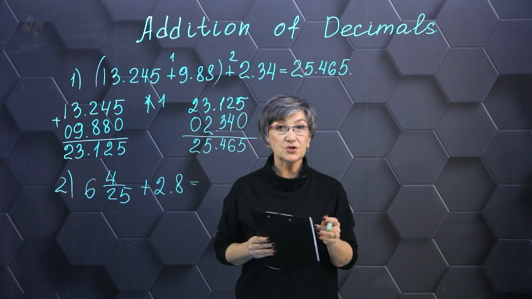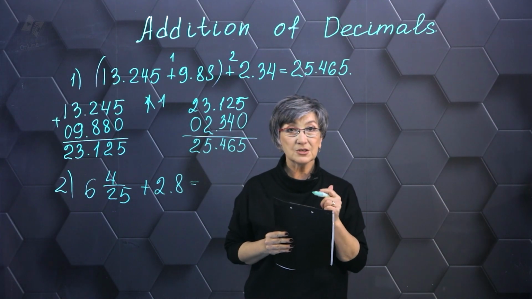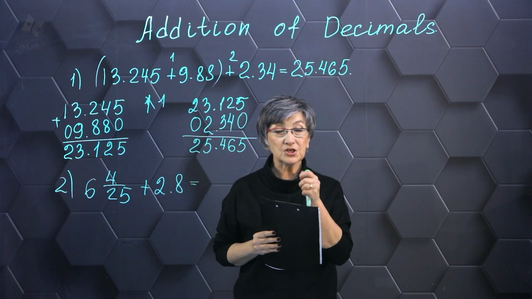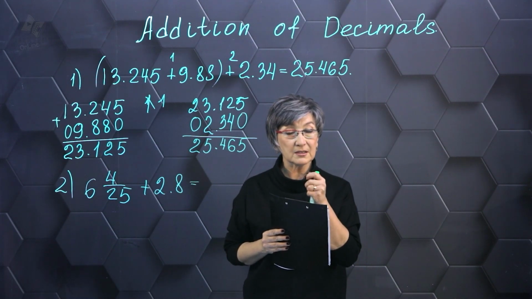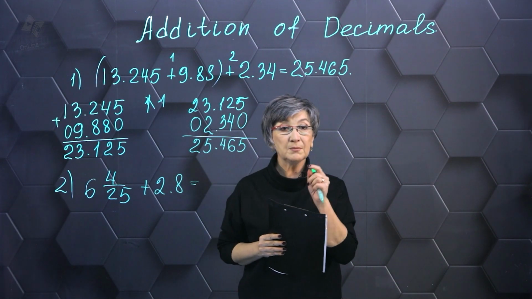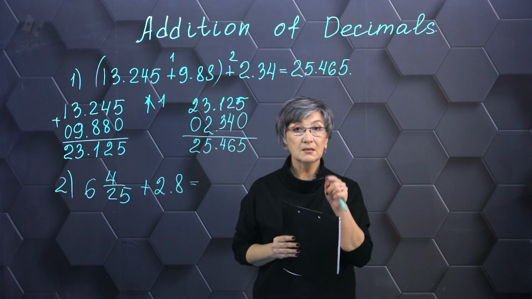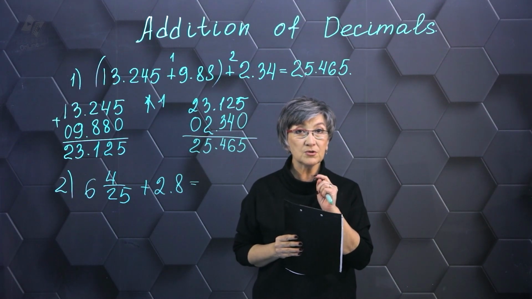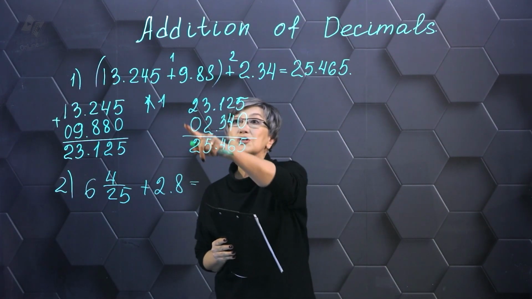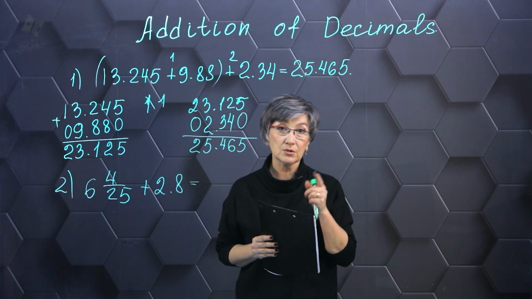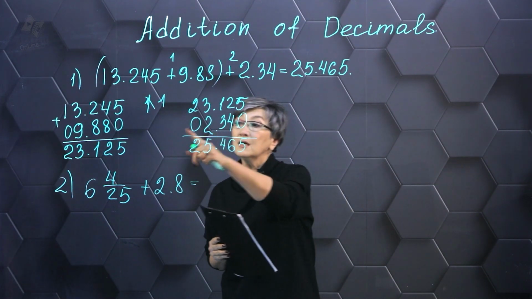We've learned the algorithm for adding decimals, and it turns out that the algorithm for adding decimals is much simpler than the algorithm for adding ordinary fractions. Why? Because when we add ordinary fractions, we have to bring them to the same denominator. And here we don't need to bring to the same denominator. Therefore, it is desirable to convert an ordinary fraction into a decimal fraction if possible.